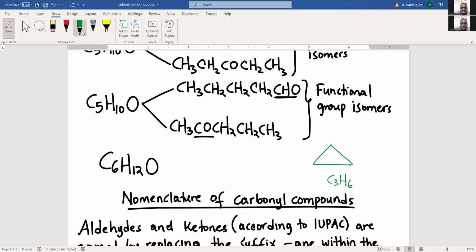But I want C5H10, meaning that I should add on 2 carbon atoms. So I can create a branch here and formulate CH2, and then CHO.